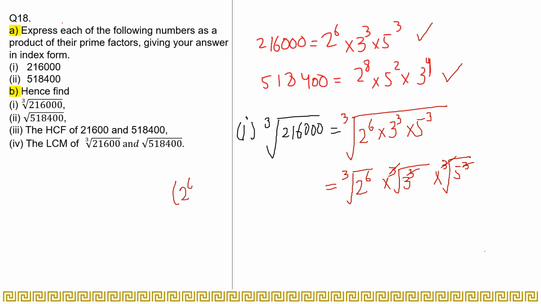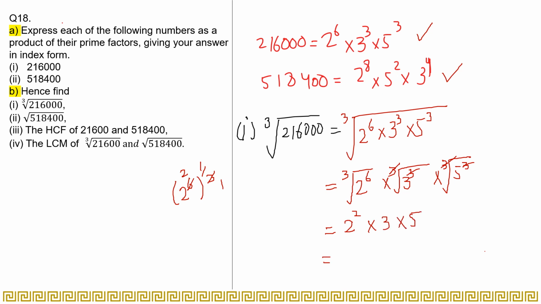2 to the power 6, and the value of the cube root is 1 by 6 basically. So 2 to the, not 1 by 6, 1 by 3, right? The value of the cube root is 1 by 3. So you can cancel it like 3 1 is 3, 3 2 is 6. That means what will you get? 2 to the power 2, and here you have just 3, and then you have 5.